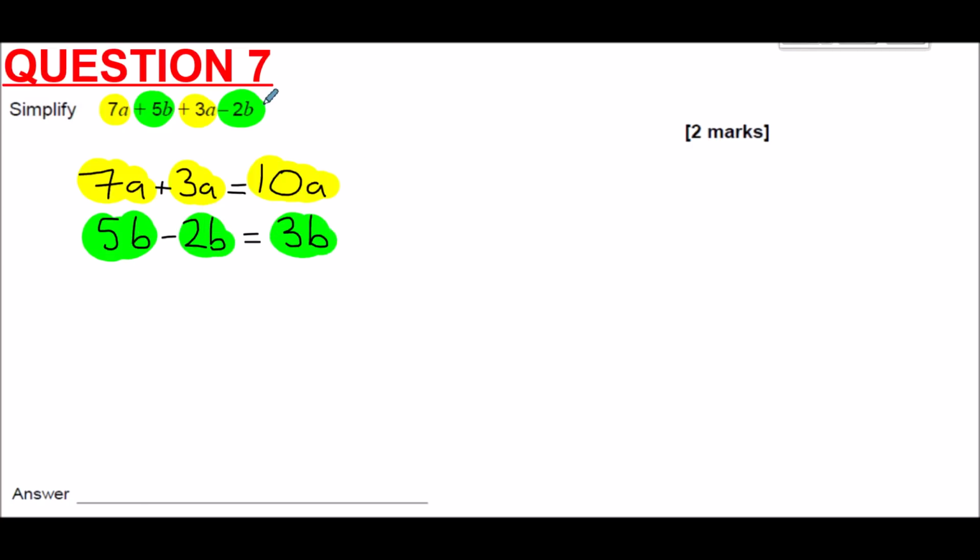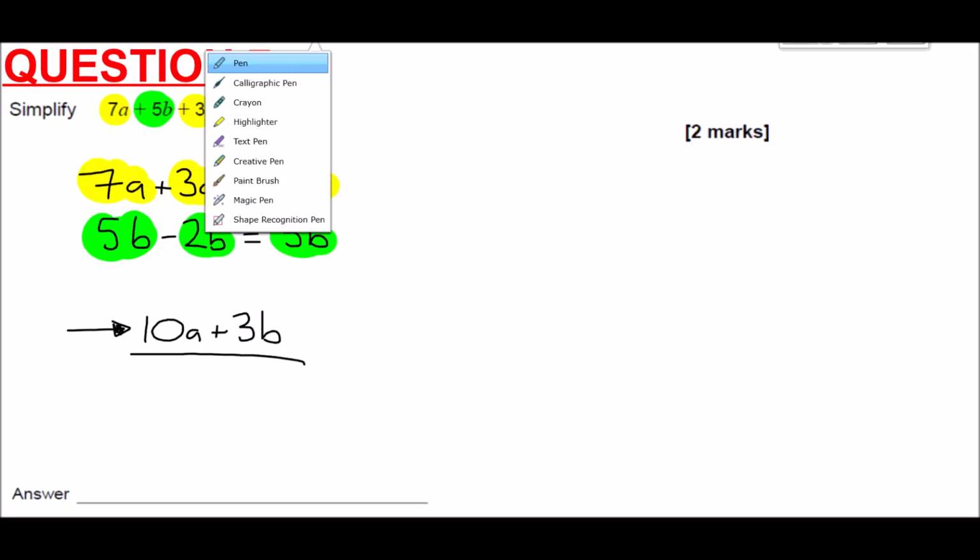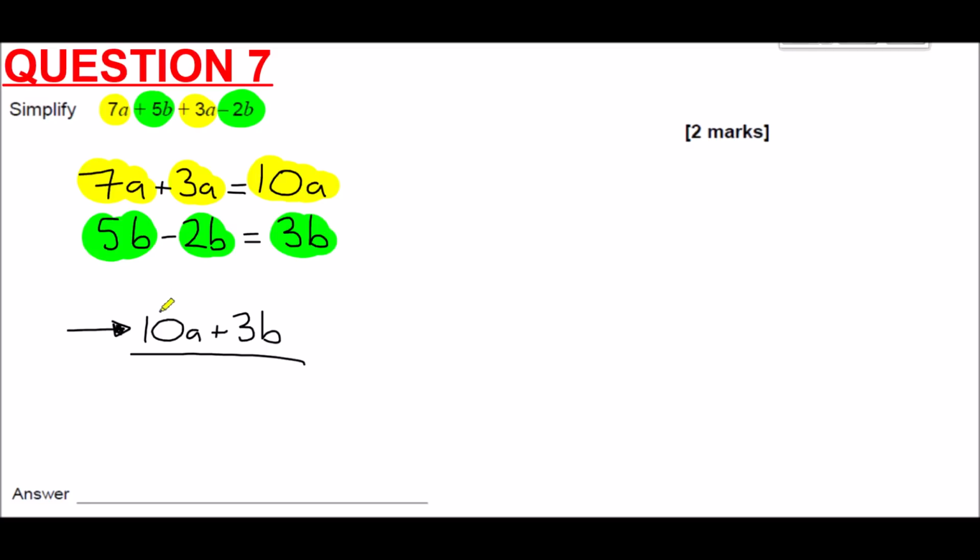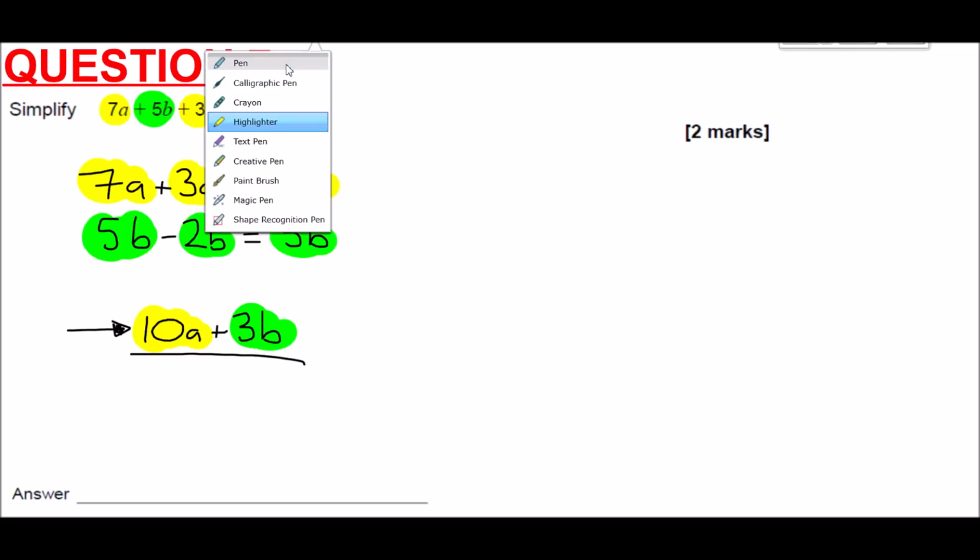So final answer, we've got 10a plus 3b, because 5b minus 2b, we still have positive 3b. So we have 10a plus 3b, and that's our final answer that we can put down on the answer line. And that's all we need to do really for question 7. 10a plus 3b.